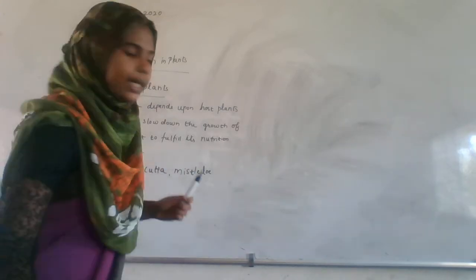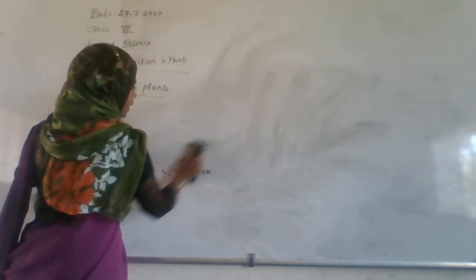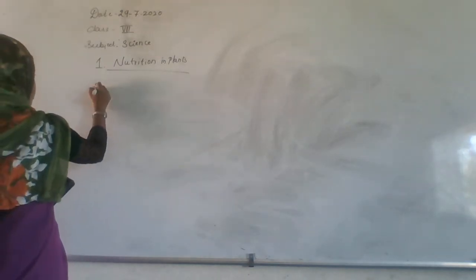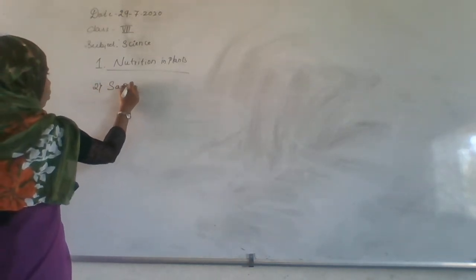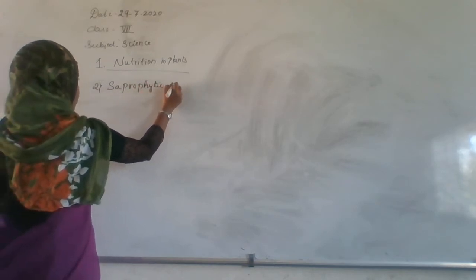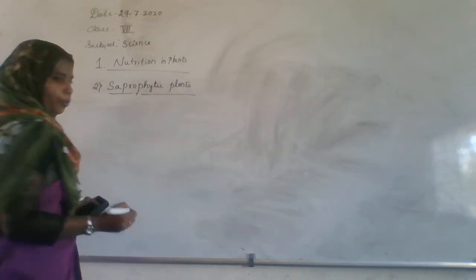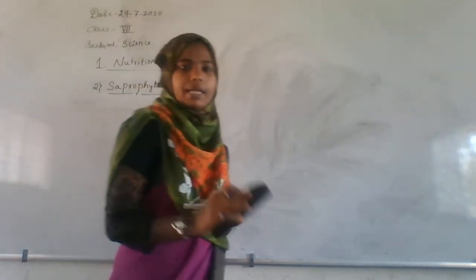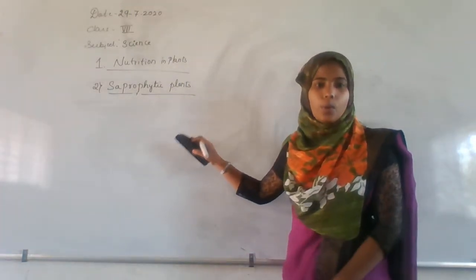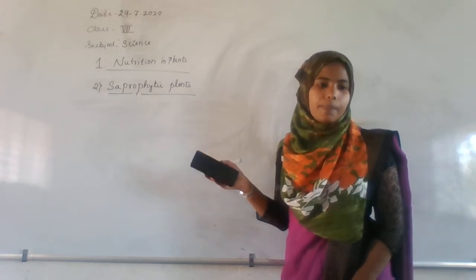The next one is saprophytic plants. The second type of heterotrophic plant is the saprophytic plant.